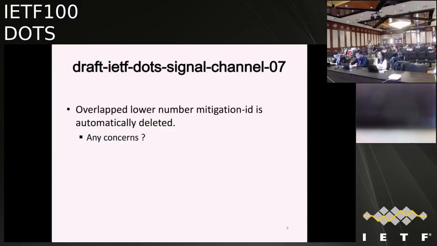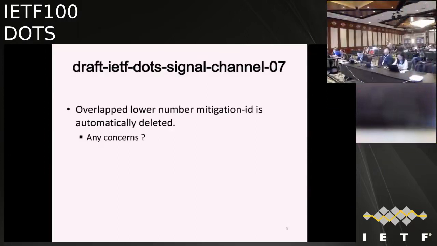You said that the overlapping lower number mitigation IDs are automatically deleted. What is the criteria for the automatic deletion? We are using the recent one, which was supposed to reflect the refresh situation. That means that the latest request is supposed to reflect the up-to-date situation from the DOTS client's domain itself. That was the rationale, but this may have problems in case there are multiple DOTS clients and each of them may have a distinct view on the situation on the network.